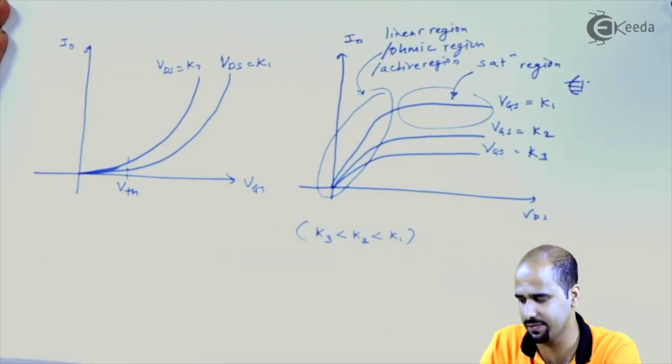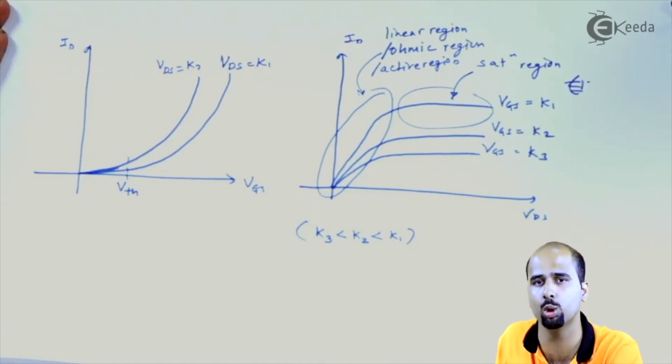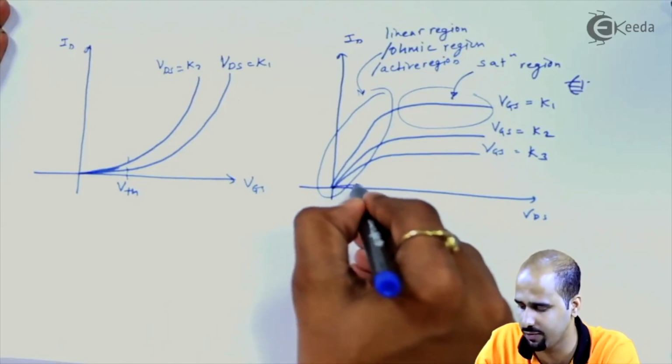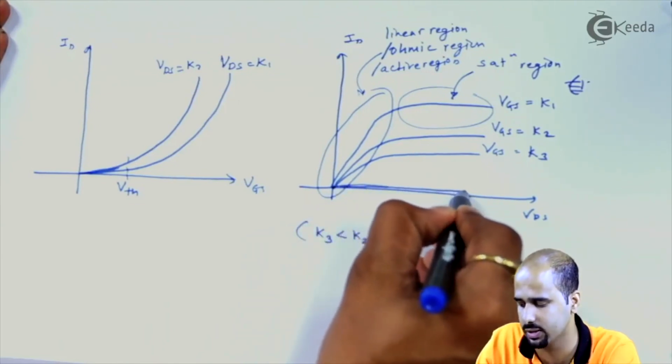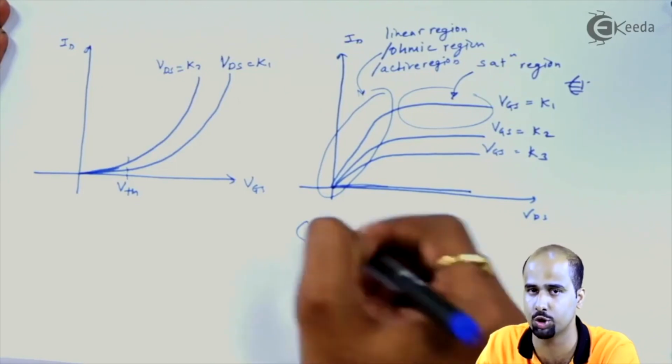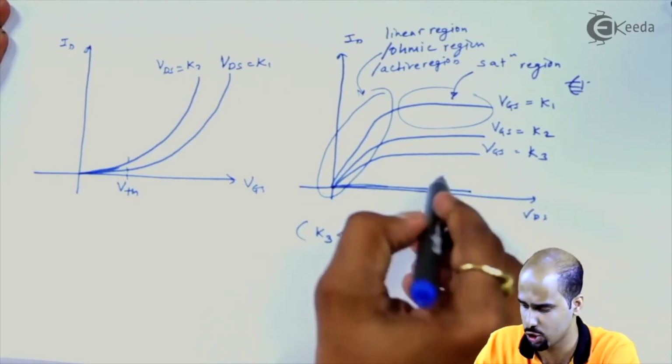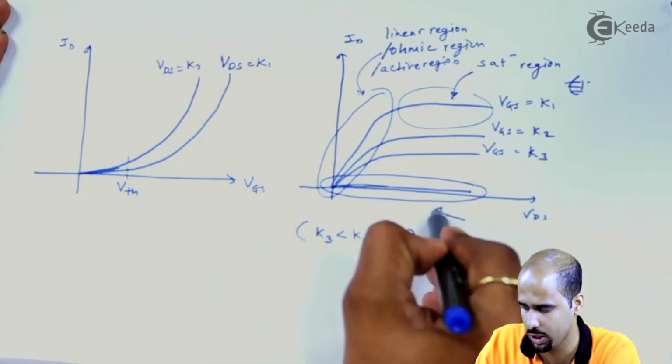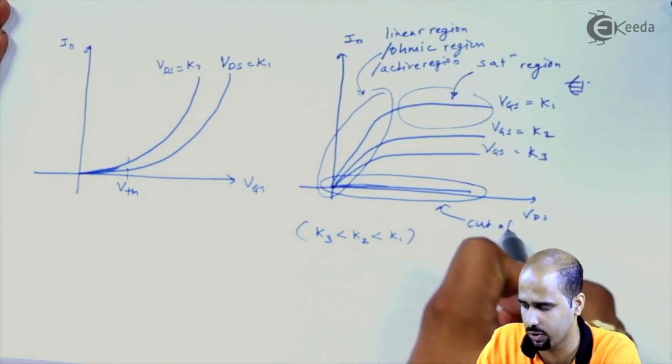Now if I try to reduce the value of VGS well below the threshold voltage, then I will not get the current which should flow in your e-MOSFET. This particular region of operation is called the cut-off region.